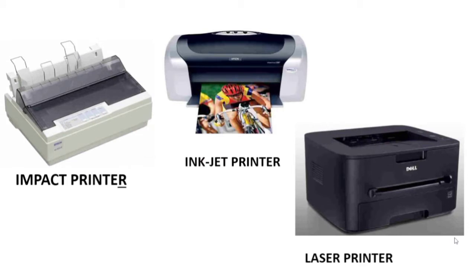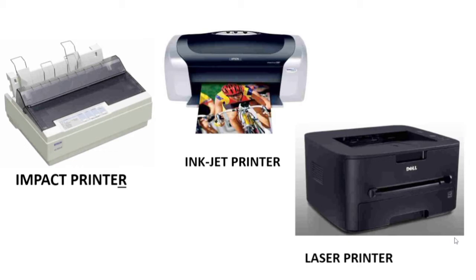Next output device is the printer. A printer is a hardware device that produces a hard copy version of the processed data from the computer. A printer accepts text and graphic output from the computer and transmits the image data to the printer, usually on paper.